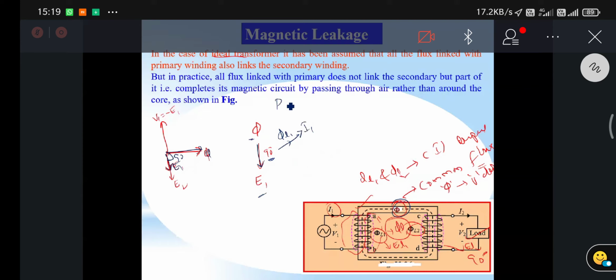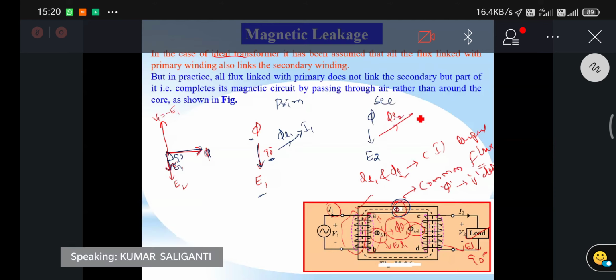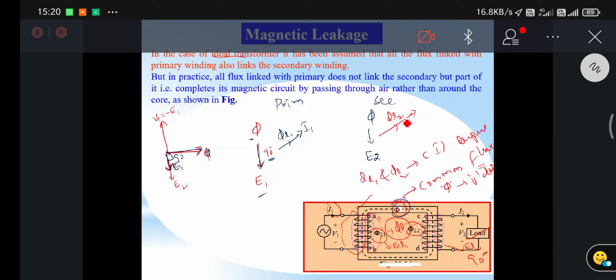On the primary and secondary side, with the help of the main flux, we have E2. But pi L2 is present because of I2.